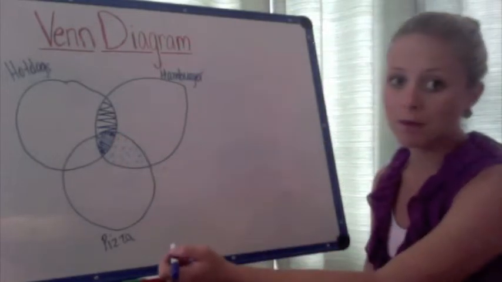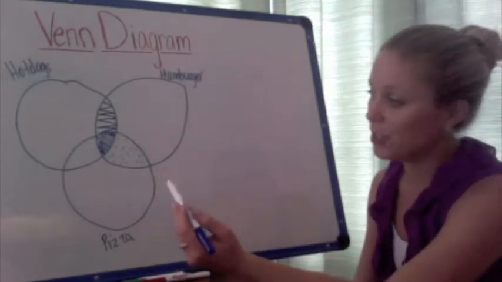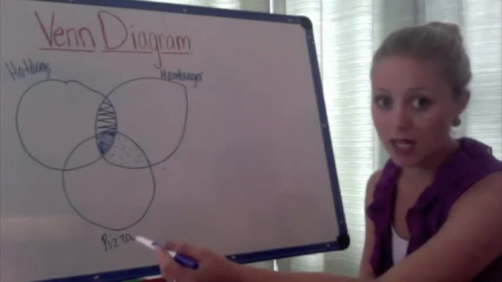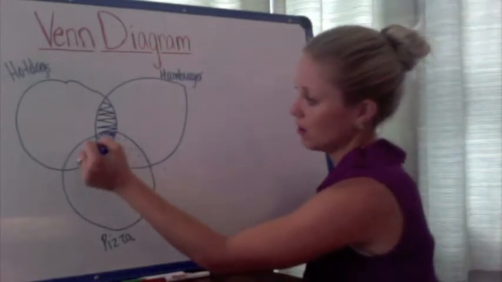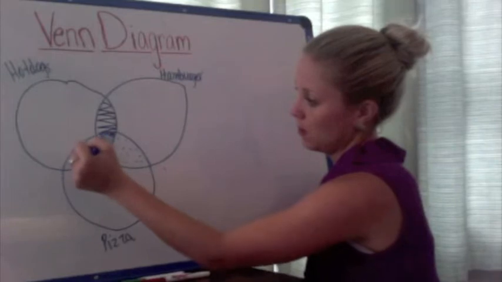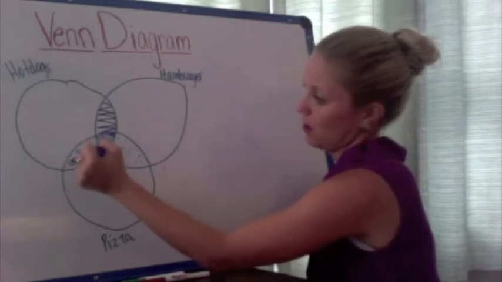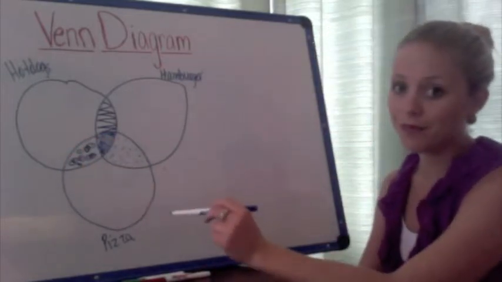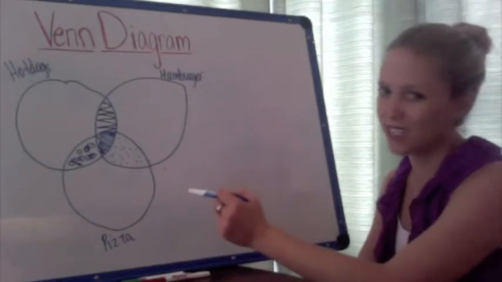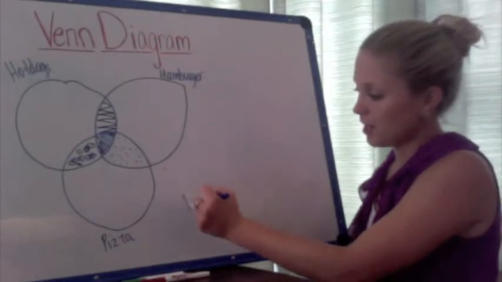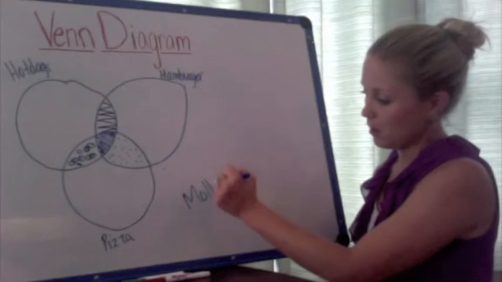And well, Tom likes hot dogs and pizza. So he would come over here, in this shape. But then there's Molly. She still doesn't like any of them. So her name still goes out here.